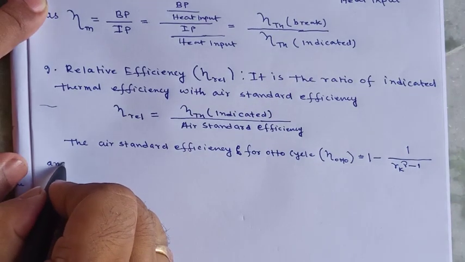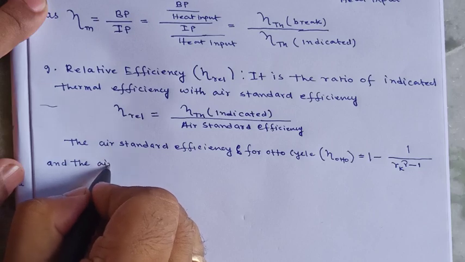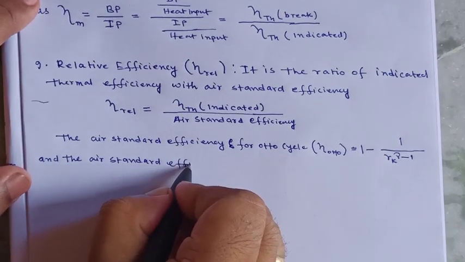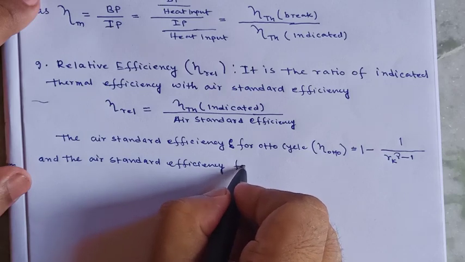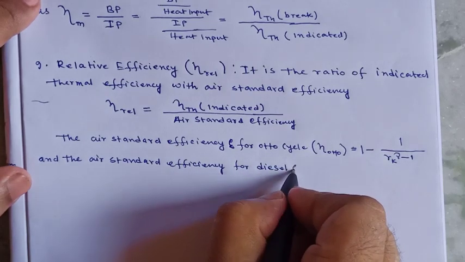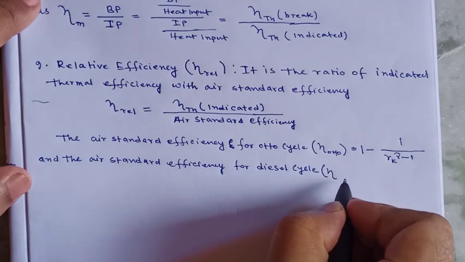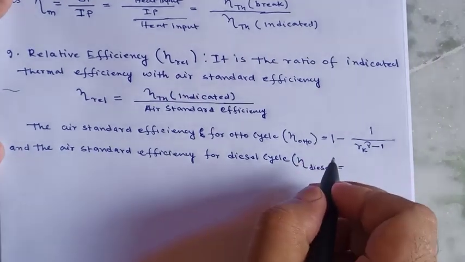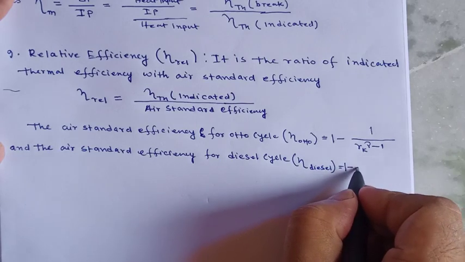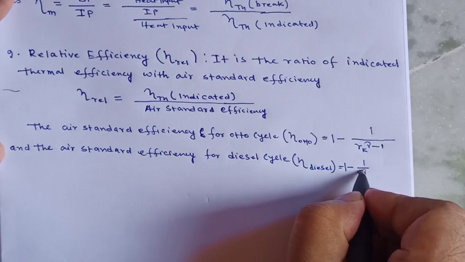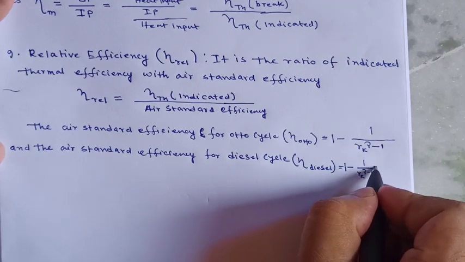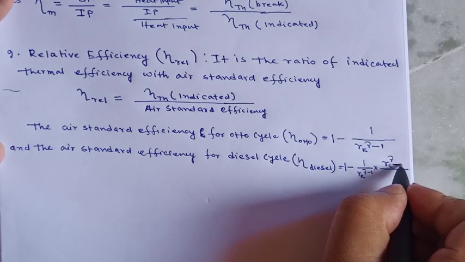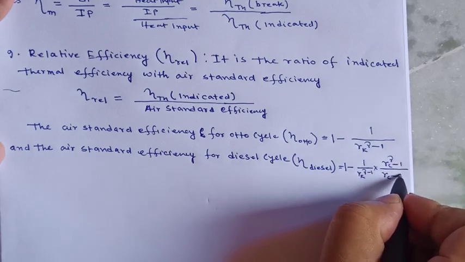And the air standard efficiency for diesel cycle, denoted by eta diesel, equals 1 minus 1 by Rk to the power gamma minus 1, into Rc to the power gamma minus 1, over gamma times Rc minus 1.